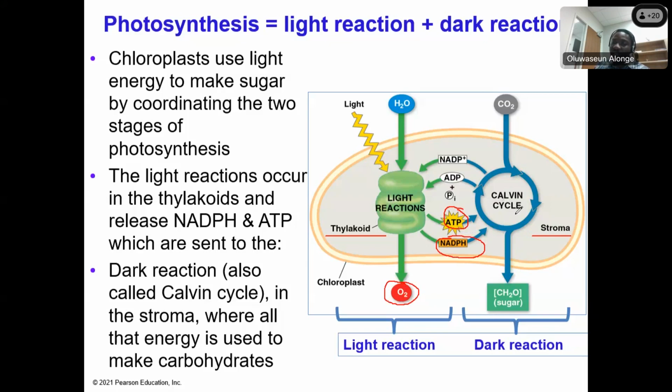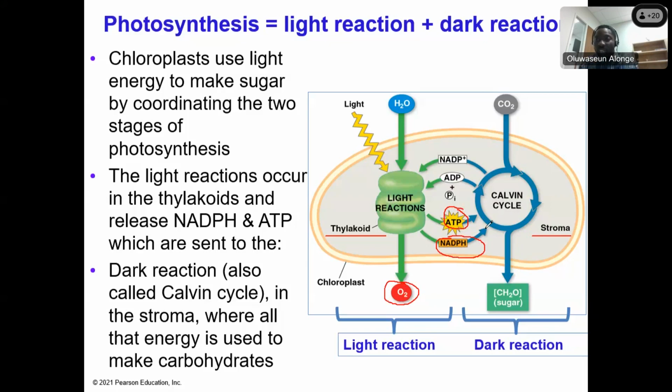When they invest, because the electron is going to be invested into this cycle, it's going to help to reduce carbon dioxide into sugar. Because we need the electron. When carbon dioxide receives electron, it becomes reduced.